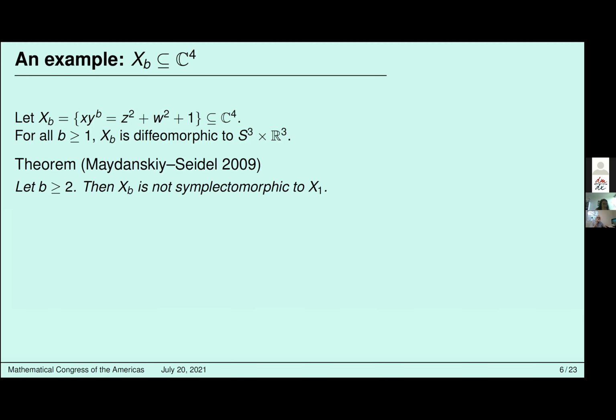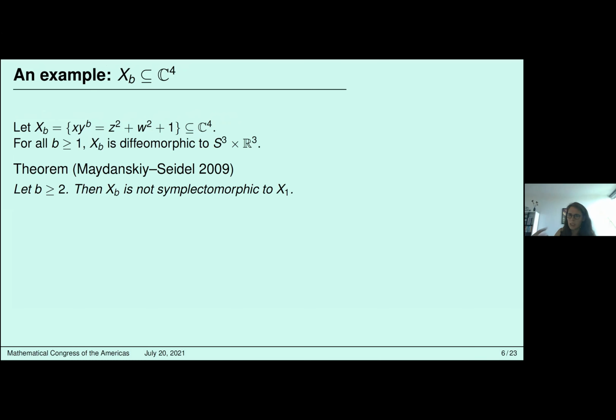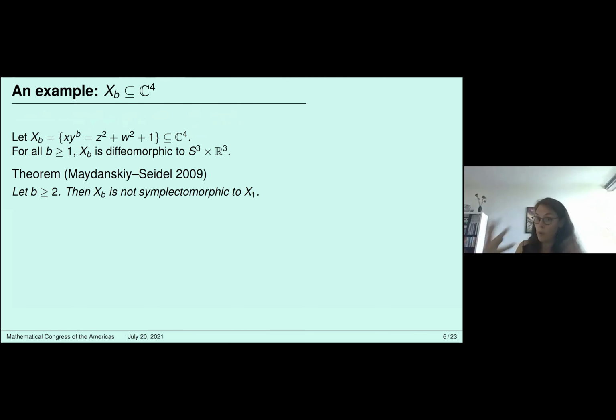All right, so this is just a class of examples, but one result is that if we're studying the symplectomorphism type, of course the algebraic isomorphism type is quite different for any of these, but the symplectomorphism type actually depends on b. So Xb is not generally symplectomorphic to X1.